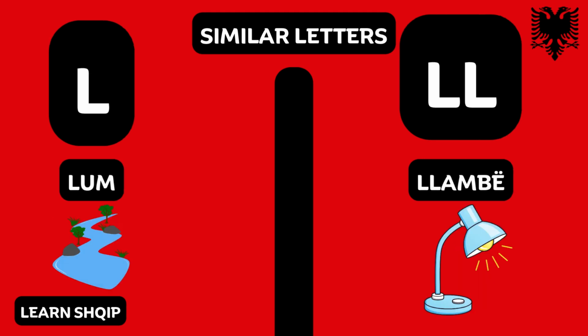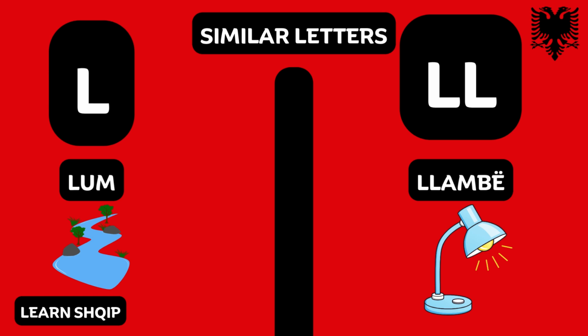And then let's see letter L. Again, remember, in the Albanian language, we have two L, a single L and a double L. The single L, you are going to pronounce it this way: L. It's very soft. For example, river, in Albanian, you can say lum.